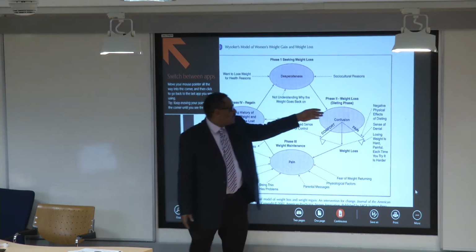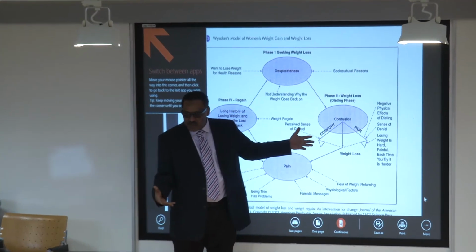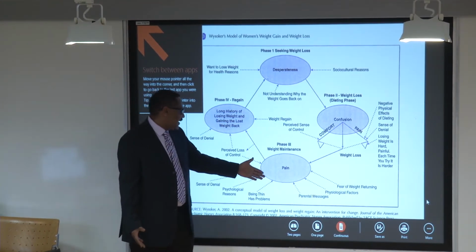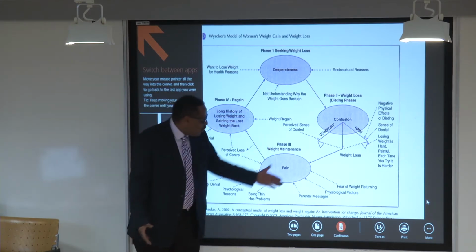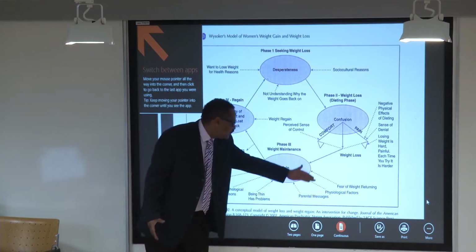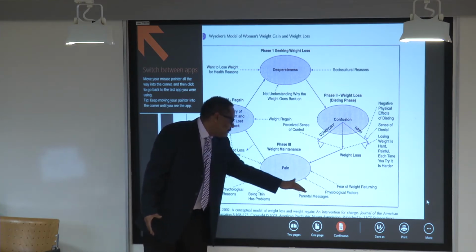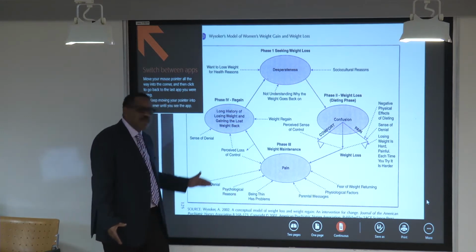And then the second phase, the weight loss dieting phase, and how this will interact. And then the third phase is the pain. All the pain, the physiological factors, fear of weight returning, the parental messages, being seen as a problem.